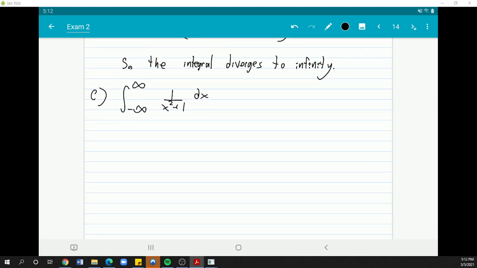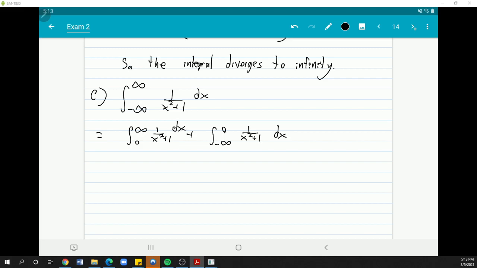Because first, this integral is just tan inverse of x evaluated. Well, by definition, we can pick some number between these. So it's the integral from 0 to minus infinity of 1 over x squared plus 1 dx, plus the integral from 0 to infinity. Again, this was the definition.